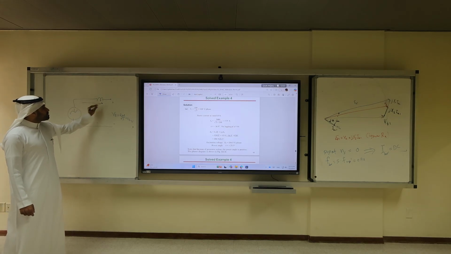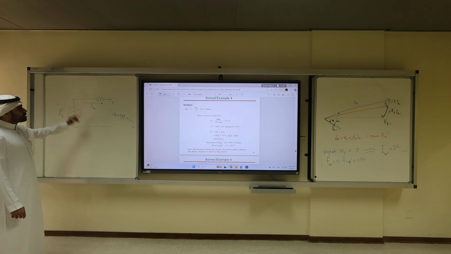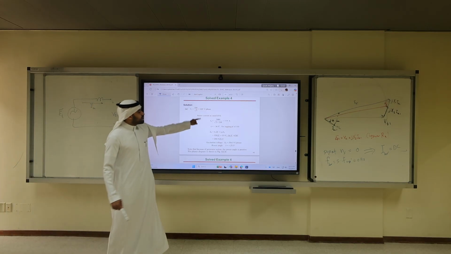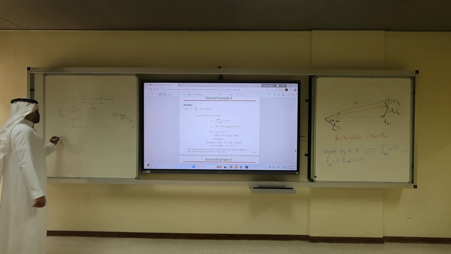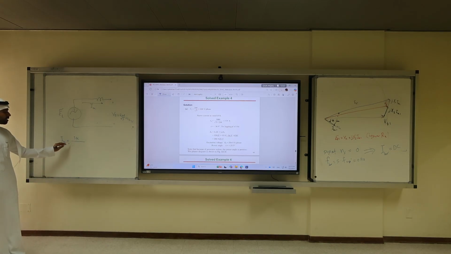Generator, we're getting to the terminal. And then we have EF. So, at rated current, Ia is what? Power, 5k, over 3 times phase voltage, 120, times the power factor, wrong.